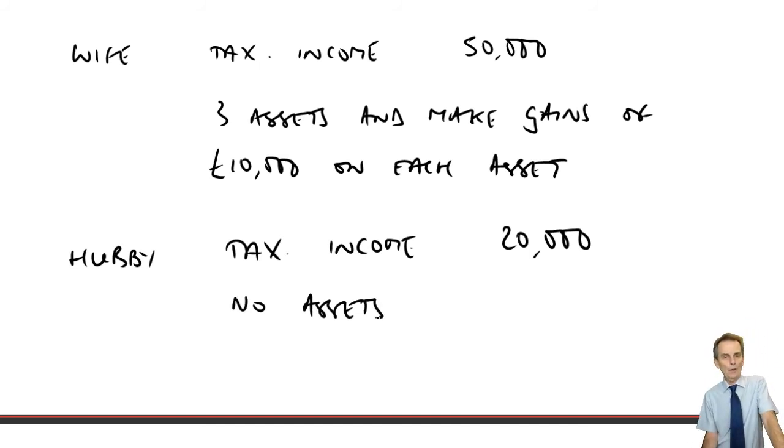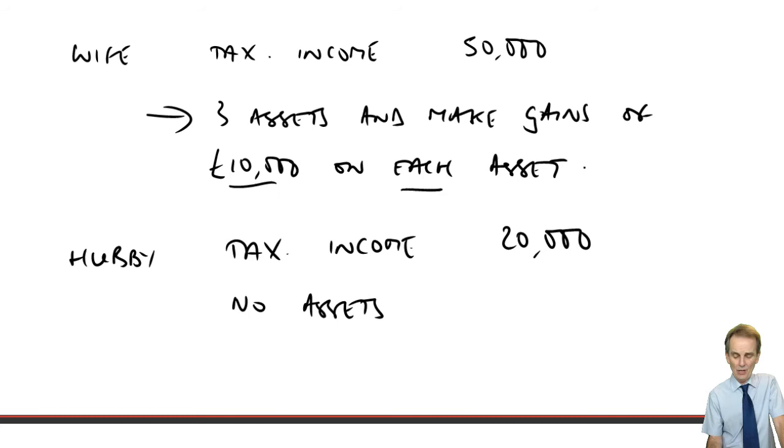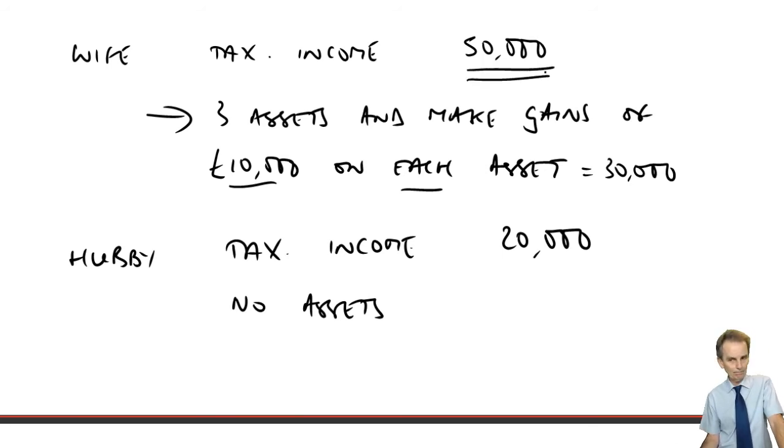So, what I'd like you to do first of all is to work out for me, remember the wife's current plan is that she now will sell off these 3 assets, making gains of £10,000 on each asset equals £30,000 worth of gains. You also know that with that level of annual taxable income, she is going to be a higher rate taxpayer.